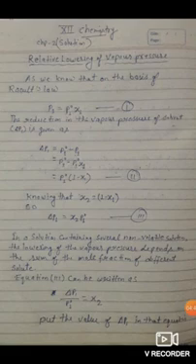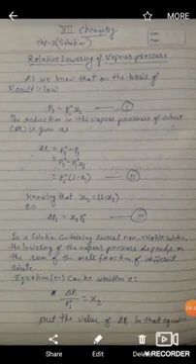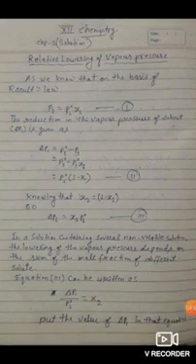Knowing that X2 is equal to 1 minus X1, ΔP1 is equal to X2 P1°. This is equation number 3.